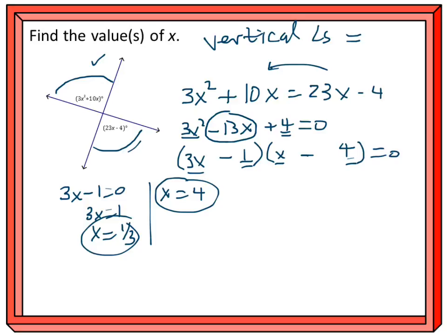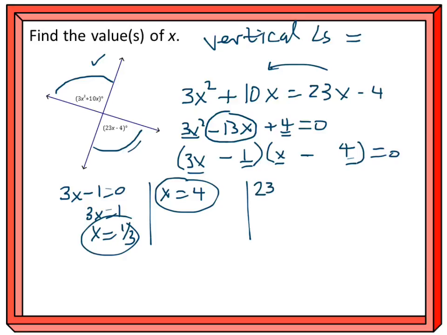You might think that I don't know about this 1/3 thing, because that's going to be too small of an angle, based on what the actual angle looks like. But let's check it. If I plug these back in one at a time, I'm going to put it into the 23x minus 4 one.